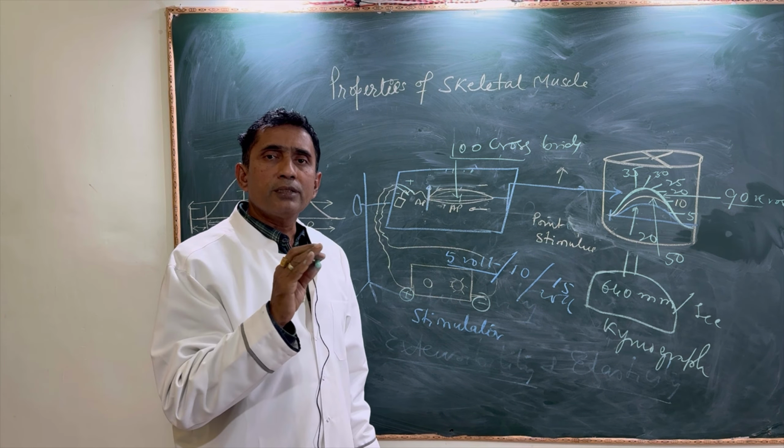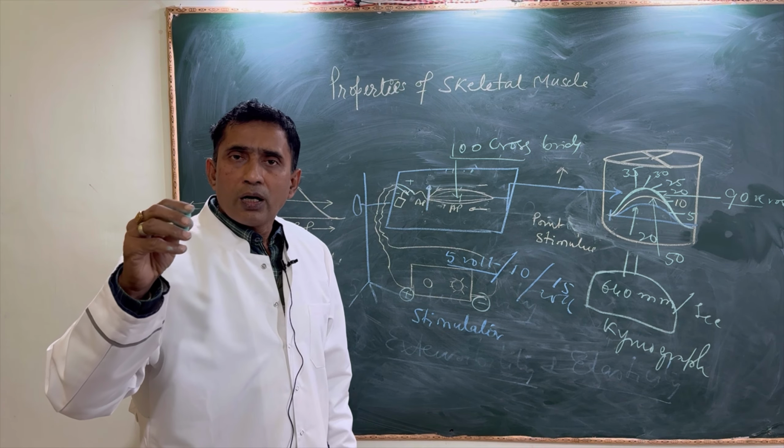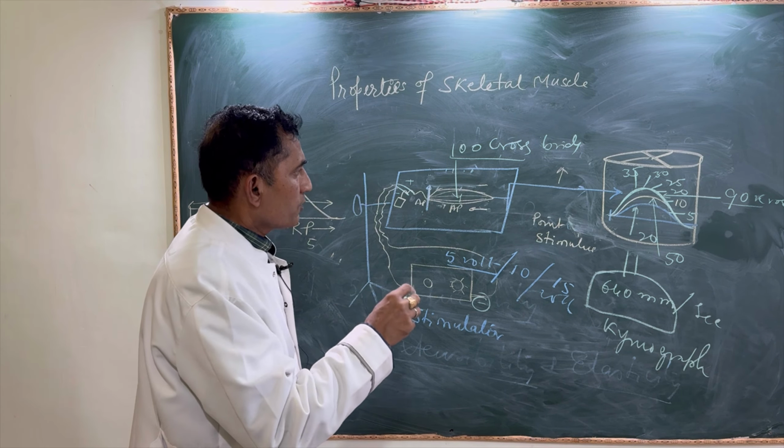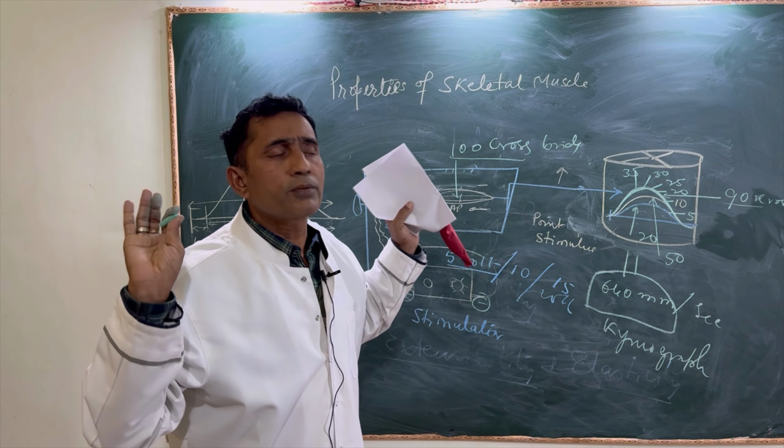In this experiment, what I am saying is, the muscle has a capacity to give a response against a certain strength of stimulus. Means up to a limit, there is a limit. Up to a certain point, there will be a response. After that, if you keep increasing the strength of stimulus, there will be no change in the height of contraction.